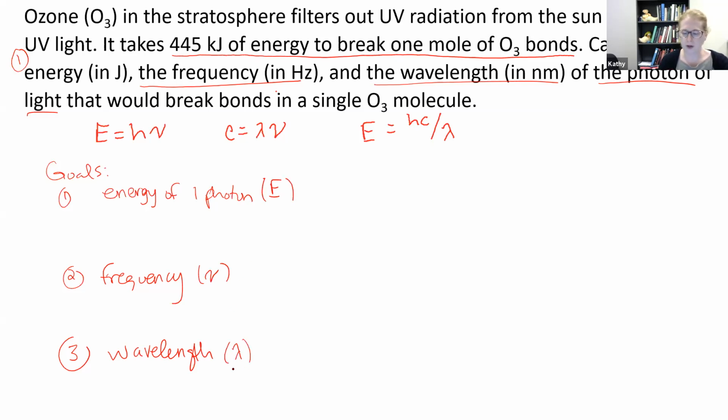I also know that I'm starting with information that relates the amount, so 445 kilojoules of energy per 1 mole O3. Well, 1 photon and 1 mole of photons are not the same, so let's do a quick conversion here. I know that 1 kilojoule has 1,000 joules, and I know that 1 mole has 6.02 times 10 to the 23rd in it.